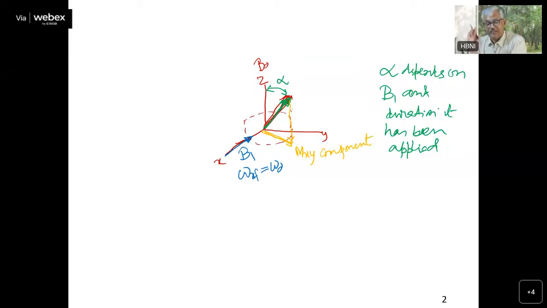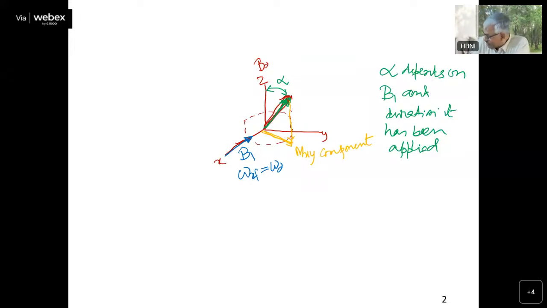Okay, so previously, before you apply the radio frequency, the XY component was 0. Now because of this coherence, the magnetization is tilted, and now you have an MXY component. As you put your detector in the XY plane, it will detect this magnetization. So you get a signal, and that can be detected. So this is called the resonance.